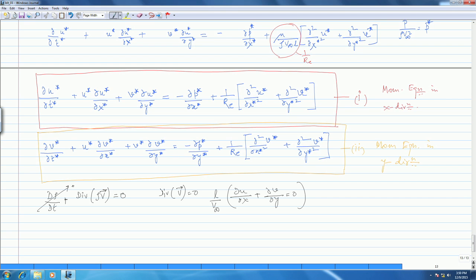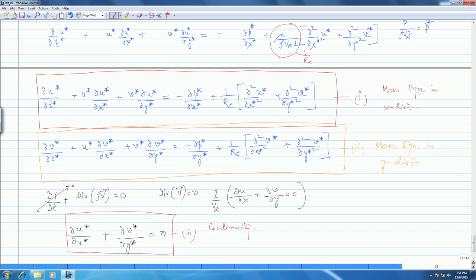If I do that, the u and the v get normalized by v infinity, and the x and the y get normalized by the L. So, we get del u star del x star plus del v star del y star is equal to 0. This is essentially the continuity equation, and let us call this and this.